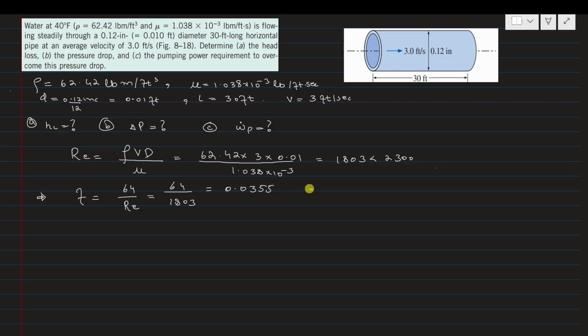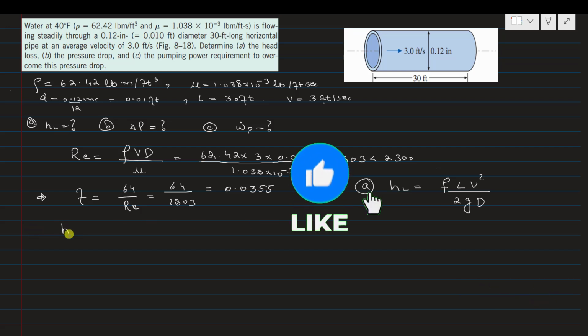Next is to find the head loss. So the head loss, that is our first requirement, is equal to f L V square divided by 2 g D. What is head loss?